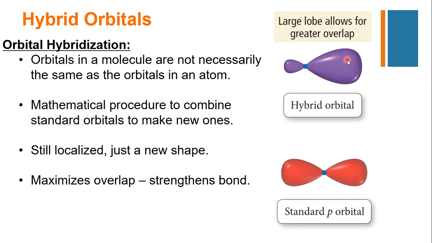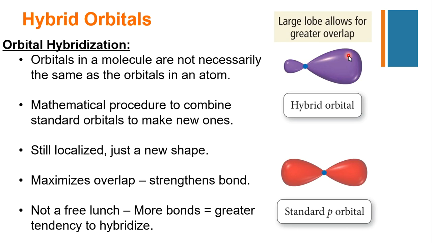By maximizing the number of orbitals, we maximize the amount of bonds, and by maximizing the size of this orbital, we maximize the amount of overlap. We strengthen that bond. Again, everything we do in chemistry is always in the name of stability or strength.